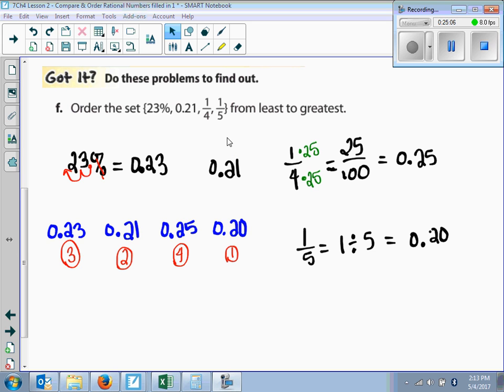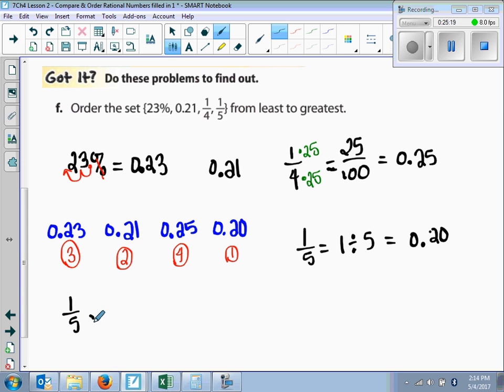Is everybody clear with that? So for the first one is 0.20. Which one is that? 1/5. For the second one, 0.21, that's the 0.21, right? So we're going to write 0.21. And then for 0.25, that's 1/4. And then for the last one, 0.23, that's, oops, I messed up.